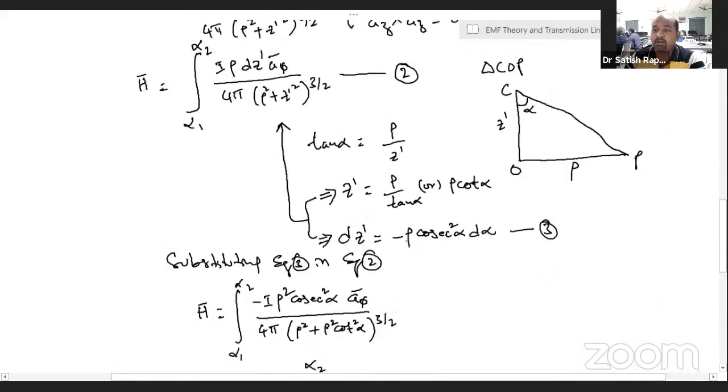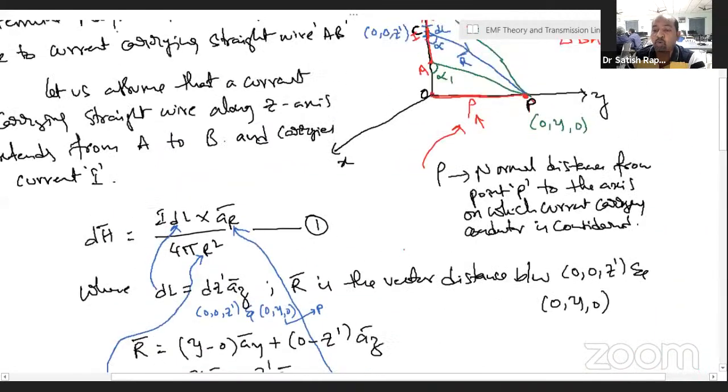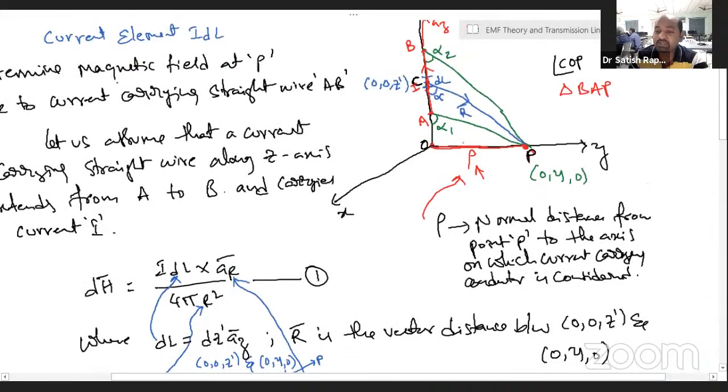So what is arrow bar? What is rho? Rho is the normal distance, right? So therefore, arrow bar is the unit vector along the increasing component of rho, right? So this is arrow bar.